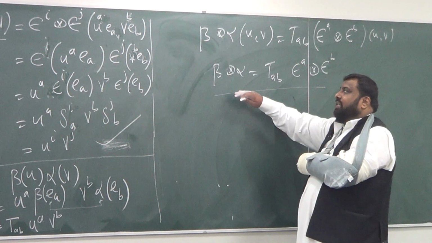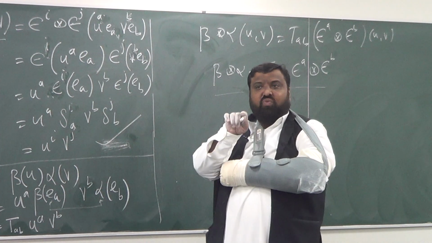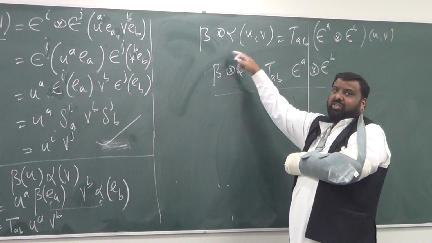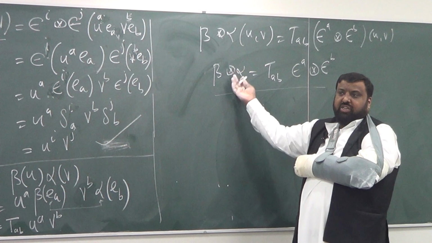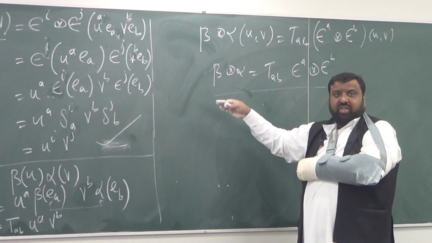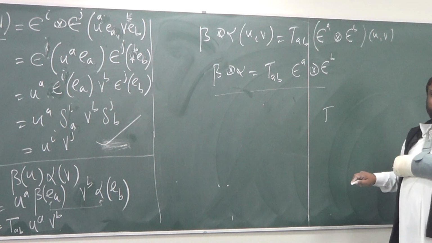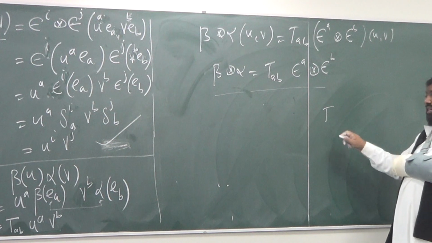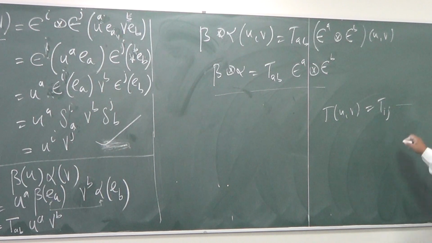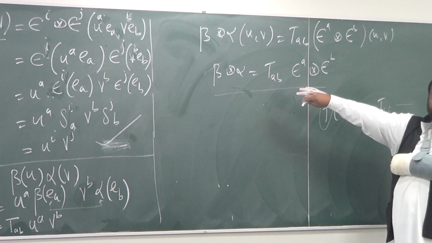So in other words, what essentially you can observe is that all bilinear forms, in other words 0-2 tensors, can be seen as tensor products, and the tensor products are also 0-2 tensors. Whenever I have a tensor which is a map from U to V, acting on (u, v) and giving me some T_ij and some images here, I can see this abstract tensor also as a bilinear form.